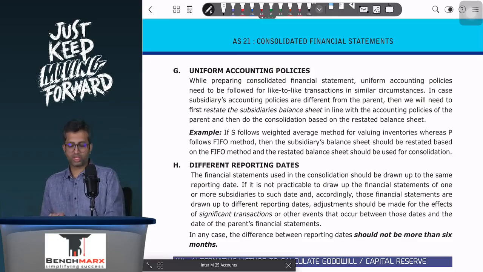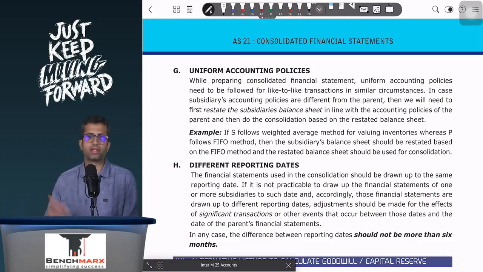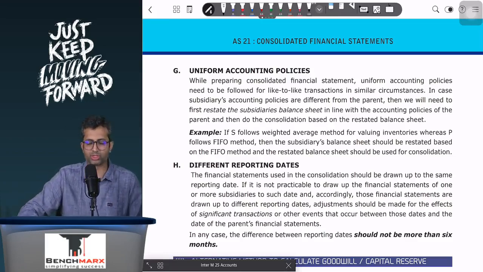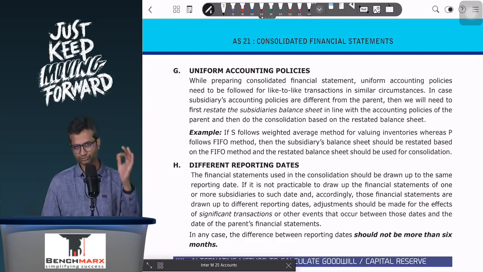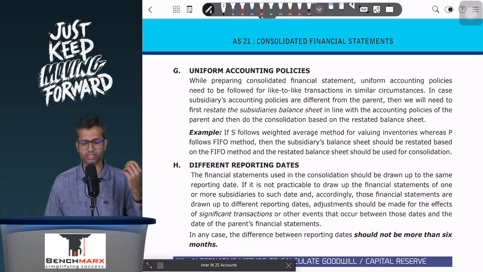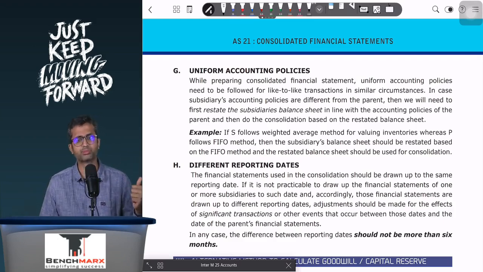So we'll go to the next part of consolidation and complete the remaining few adjustments. So we have completed the process of consolidation, and then a few important adjustments like the fair value adjustment, upstream or downstream sale of inventory adjustment, as well as the pre-acquisition dividend adjustment.